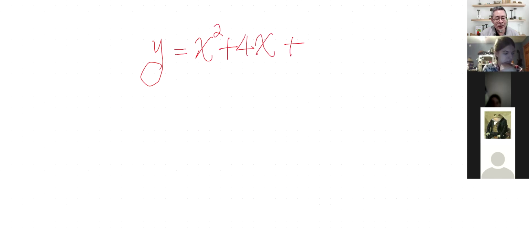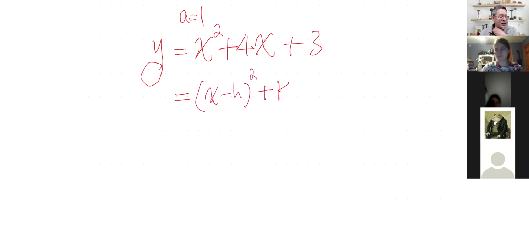That's the form we see. It's not vertex form. So if we want to change that to something like this, well, we know our a is 1 here. Want to change that to this, then how do we do that? And this actually is the technique we used before when we're solving quadratic equations, called completing the square.